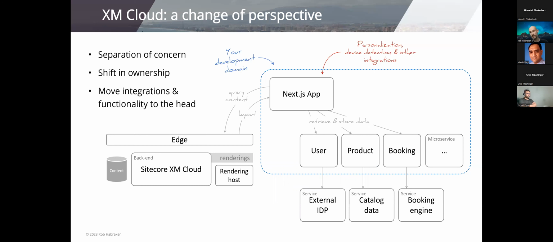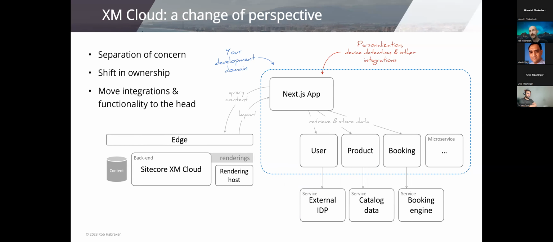Because as I've shown you, the edge is a snapshot of the content. So we wouldn't be able to include dynamic data in there. That means that we need to move all the integrations towards the head, towards the front end, along with the functionality. But this actually creates a better architecture.